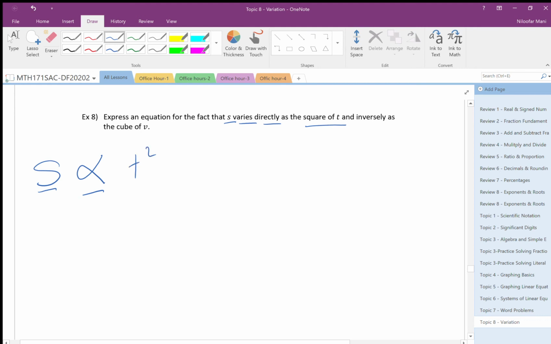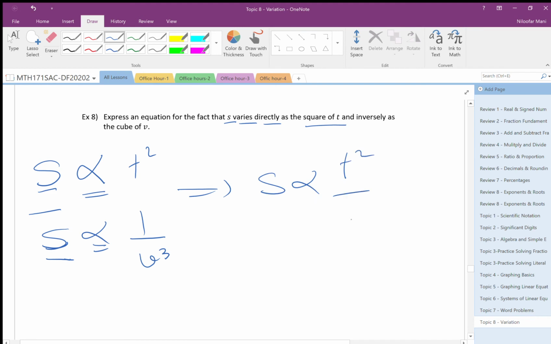S varies inversely as the cube of v. I see S, I see alpha. Now I combine them. S alpha t squared over v cubed. Okay? Good job.